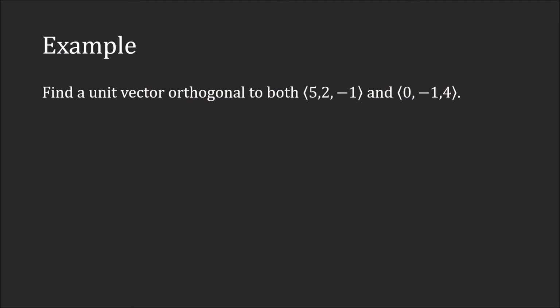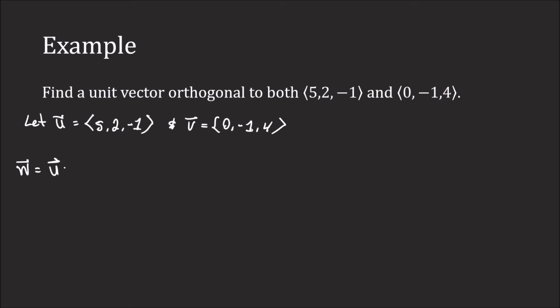Well, to find the orthogonal vector, what I'm going to do is say let u be 5, 2, minus 1, this is for simplicity, and v be 0, minus 1, 4. So a vector orthogonal to both of them, w, would be u crossed with v.